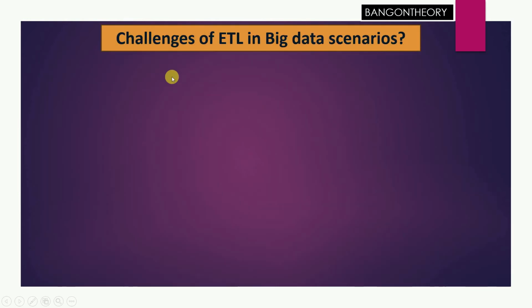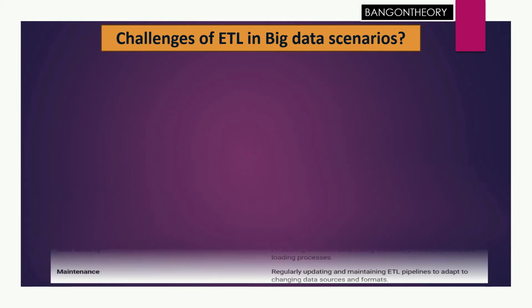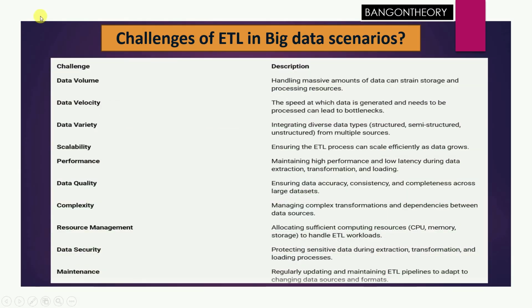And the next one is challenges of ETL in big data scenarios. These are some challenges, like data volume: handling massive amounts of data can strain storage and processing resources. Data velocity: the speed at which data is generated and needs to be processed can lead to bottlenecks. Data variety: different varieties of data like structured, semi-structured, and unstructured. Handling these different categories of data is very critical.